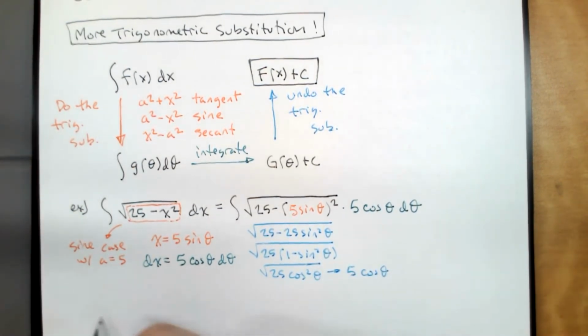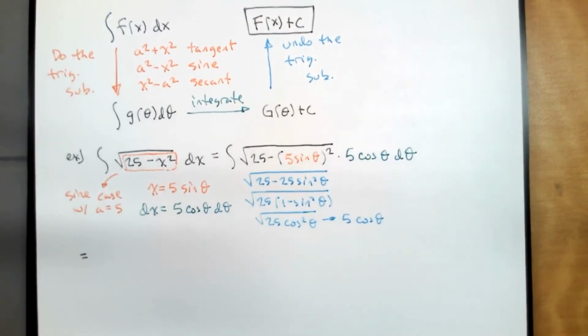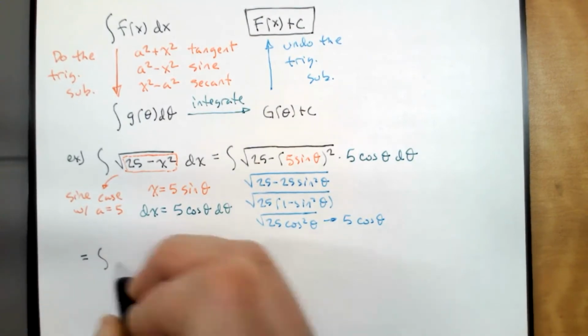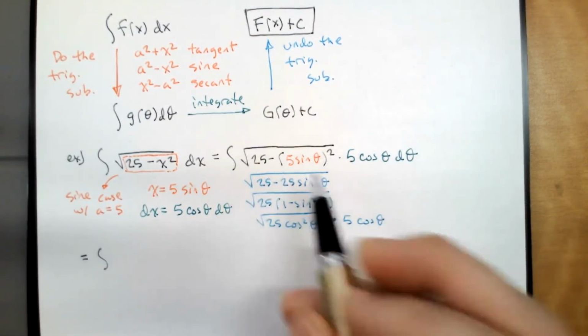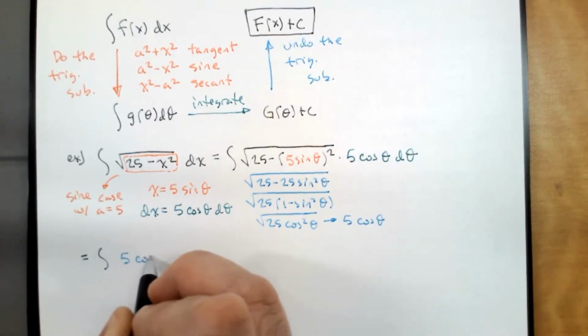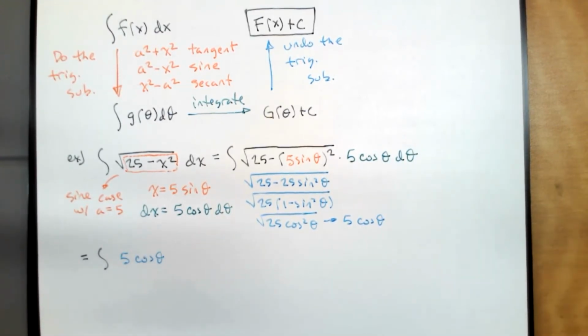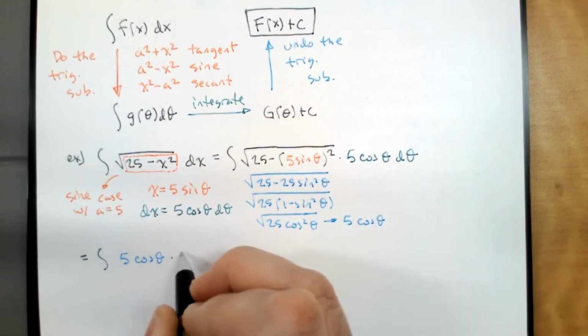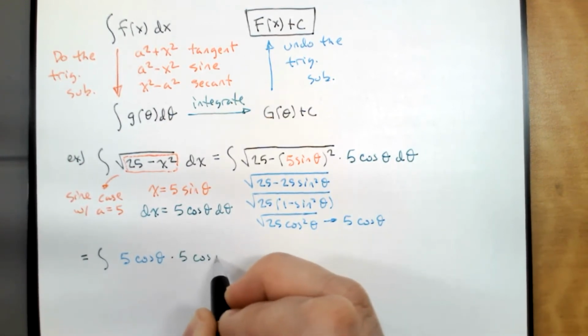So our integral, show one more deconstructed. The square root of 25 minus x squared has all been replaced with 5 cosine theta. And I still have from my dx 5 cosine theta d theta.